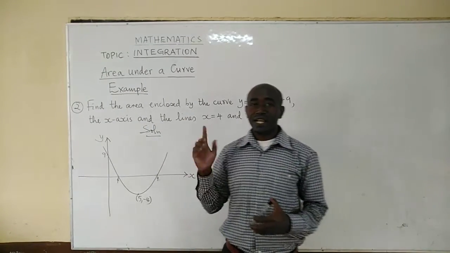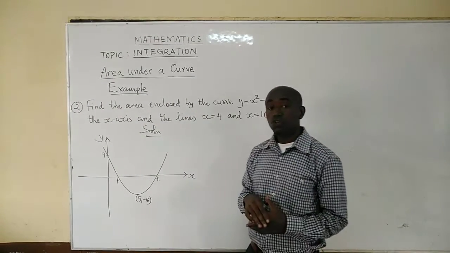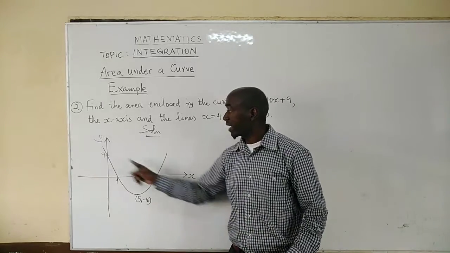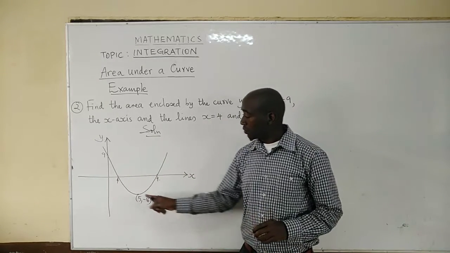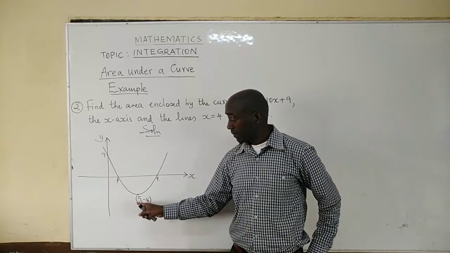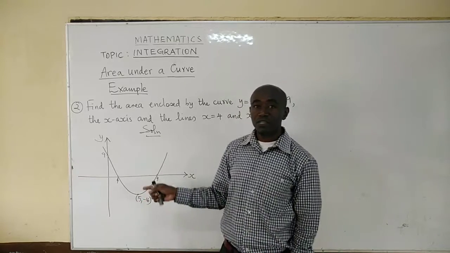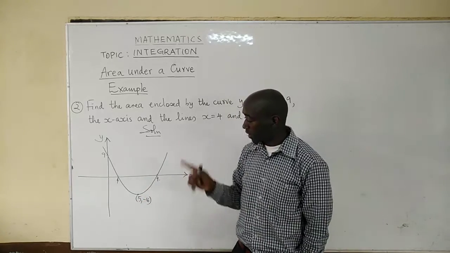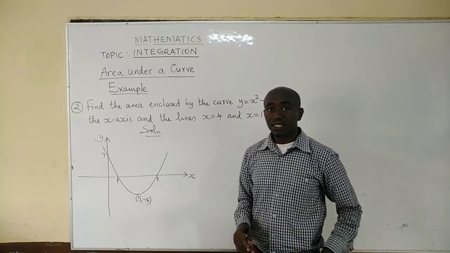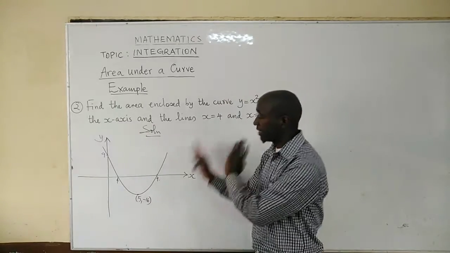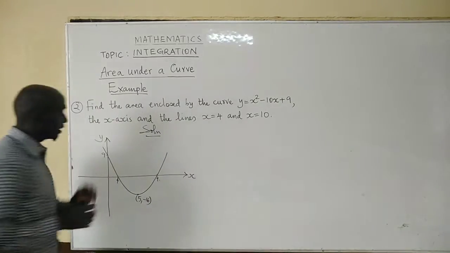You know how to get the points where the curve cuts the x-axis, and how to know the stationary point, and whether that stationary point is minimum, maximum, or point of inflection. In this case, it is a minimum point. I have already done that. To save time, I have just sketched the curve and indicated the points.